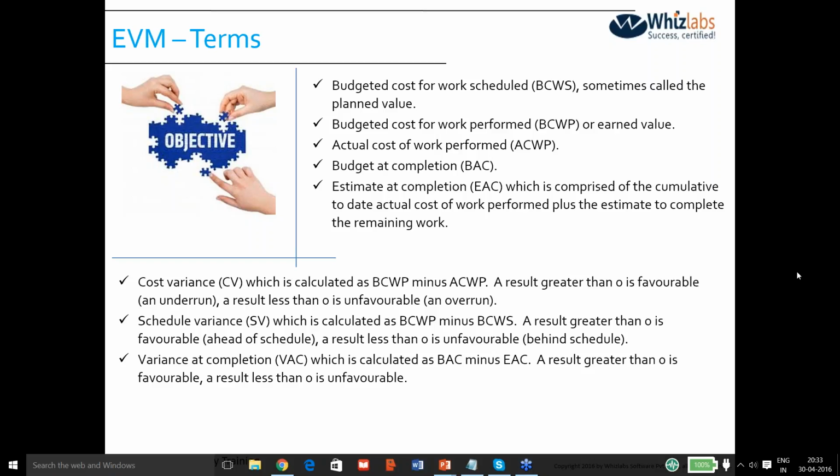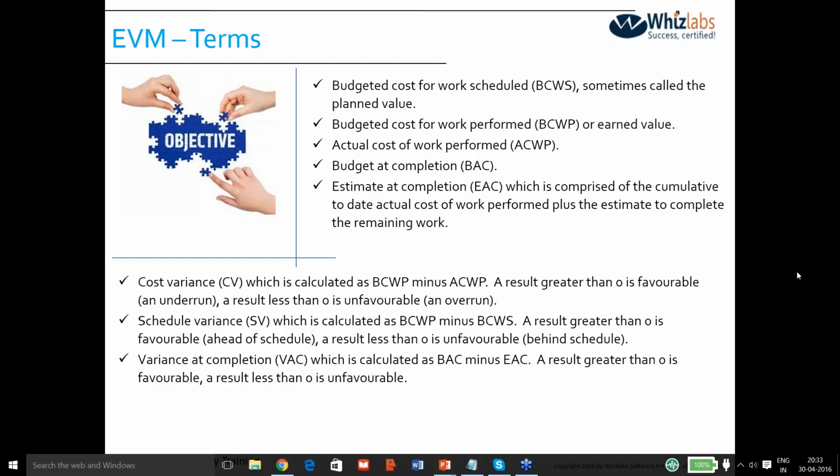That means I am left with only $30,000, and still I have to do 50% of the work. So one thing is pretty clear, we are not in a situation to complete that work in the remaining $30,000, and that is basically called EAC. We would be needing maybe $30,000 more from the client, or maybe we would be paying that money from our own pocket. We would be compromising on the profitability of that engagement.